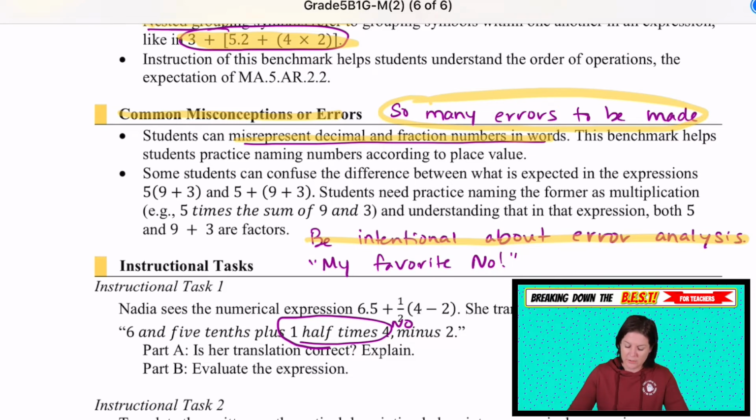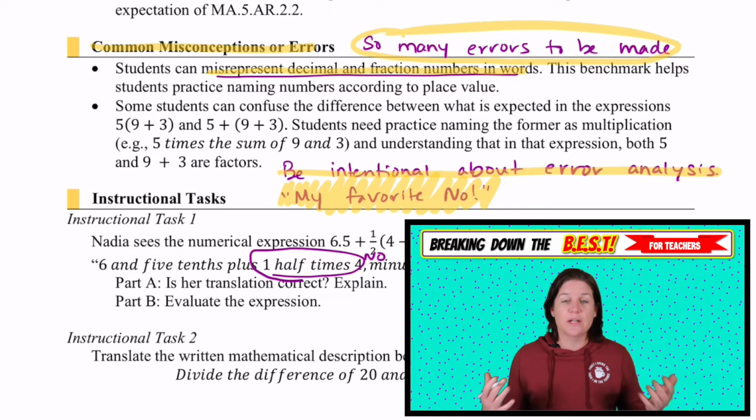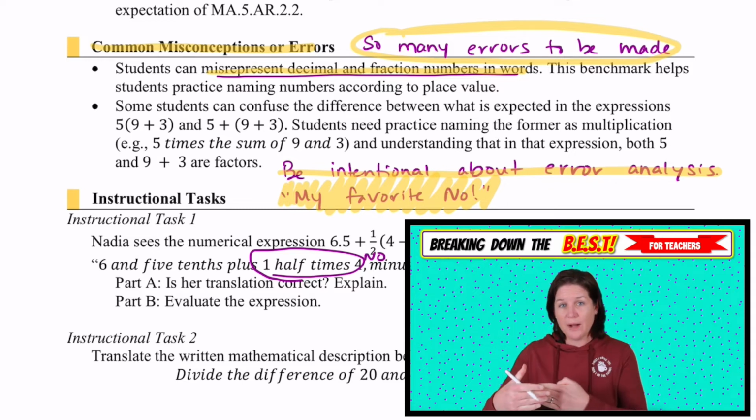I wrote my favorite no here because that's a great activity to encourage error analysis and highlight errors. Basically what you do is you say, okay, everybody solve this problem on a piece of paper or on an index card, and then you go around and collect all of them, and then you make a yes pile and a no pile, and from the no pile you select what your favorite no is.